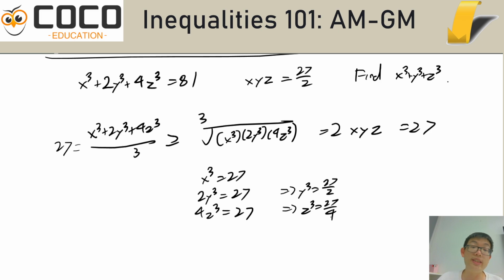And so y and z themselves are pretty ugly. x is 3, but y is 3 over cube root 2, z is 3 over cube root 4. Of course, you could calculate this, which is not the most important aspect. AM-GM, as an inequality, tells you that these two things should rarely be able to meet, hence allowing us to make this conclusion.